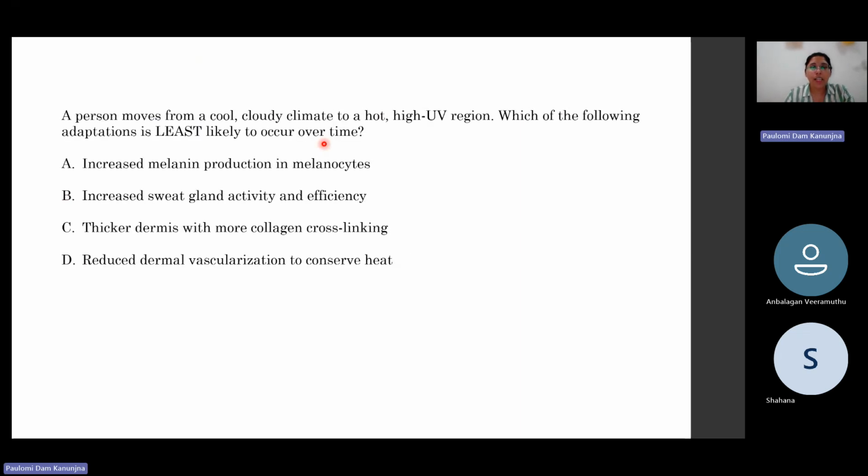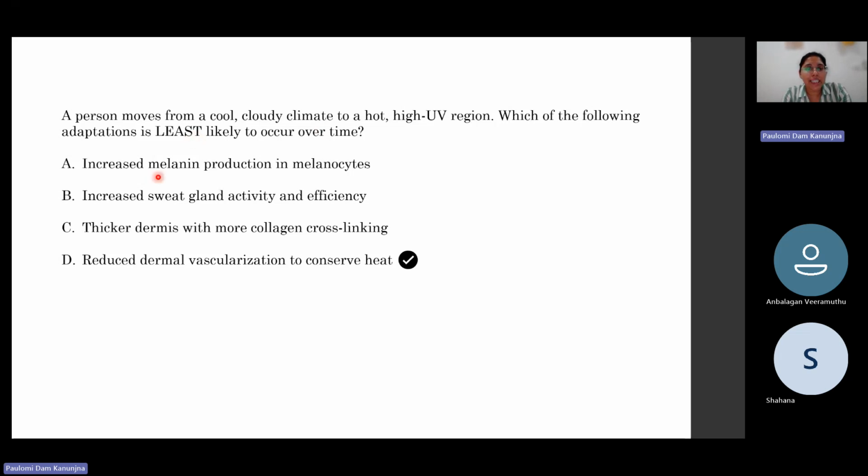And the last one, which is again from one more topic that we have read: a person moves from a cool, cloudy climate to a hot, high UV region. So what happens? Sunlight increases. And which of the following adaptations is least likely to occur over time? You will see reduced dermal vascularization to conserve heat.